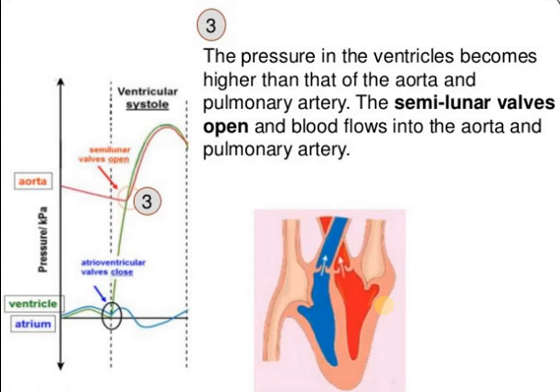This is the third stage where the pressure in the ventricles becomes higher than that of the aorta and pulmonary artery, so the semilunar valves open because of this pressure and the blood flows into the aorta and the pulmonary artery.